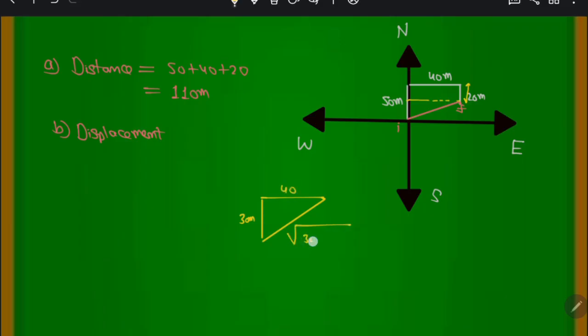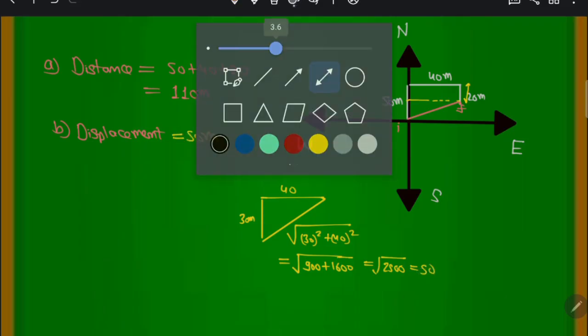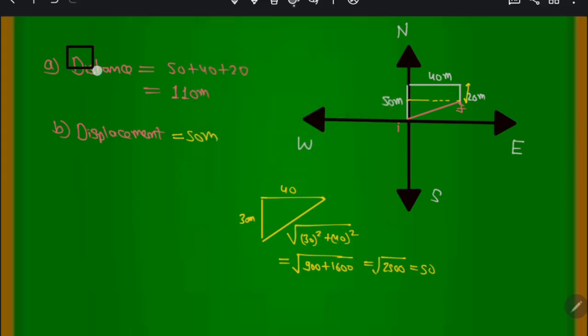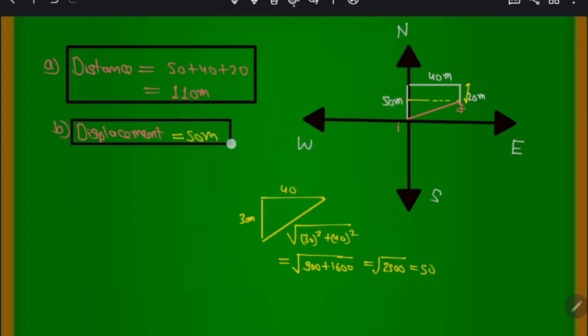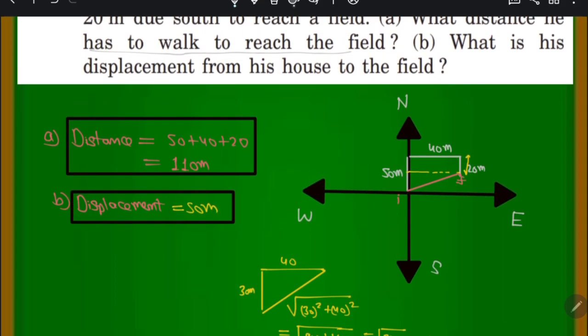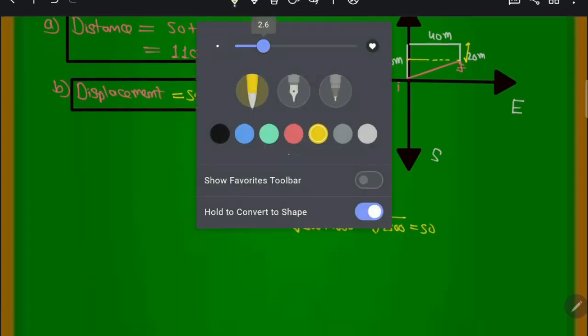So 30 square plus 40 square comes out to be 900 plus 1600. That comes out to be 2500, and that comes out to be 50. So displacement is 50 meters. Getting my point? Understand now? Not a difficult task. That is quite an easy problem. Now, can I proceed to the next question?